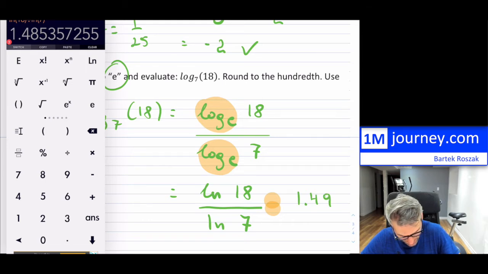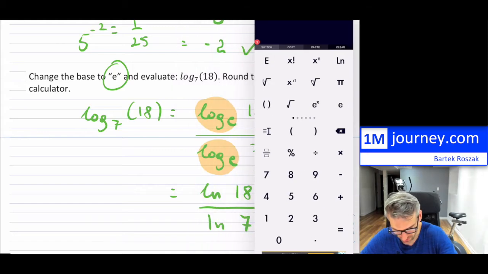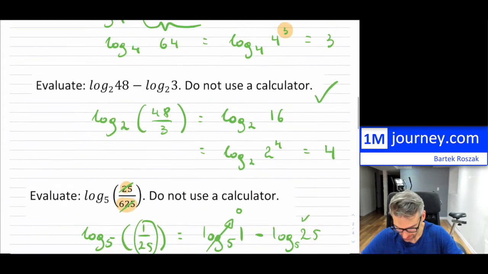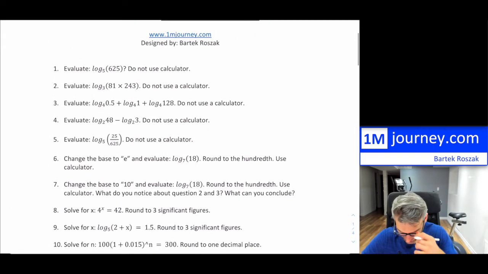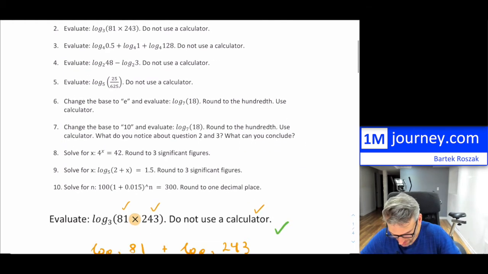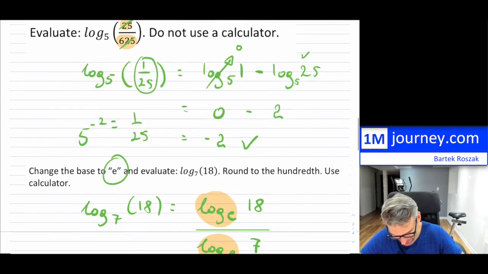So it's that if we round it off. Okay, so that's just a change of base property right there. Let's continue. So for question 7, okay, now this is the same thing. They're saying change the base to 10, okay?